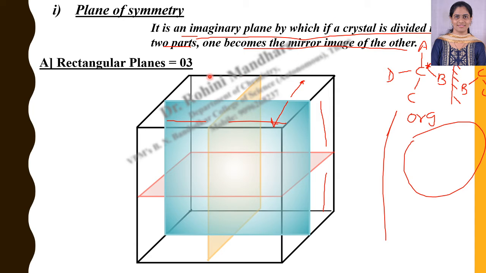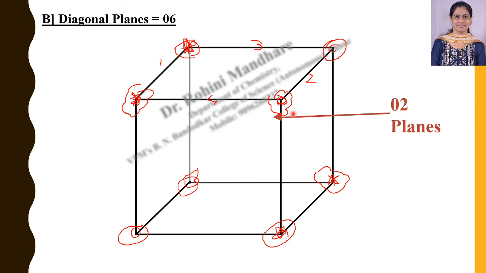If we divide this whole cubic crystal into two parts, this left hand side will become the exact mirror image of the other half. So the rectangular plane in this case will be the plane which will separate the given molecule into two equal halves, so one half will reflect as a mirror image of the other half. So three rectangular planes are there.